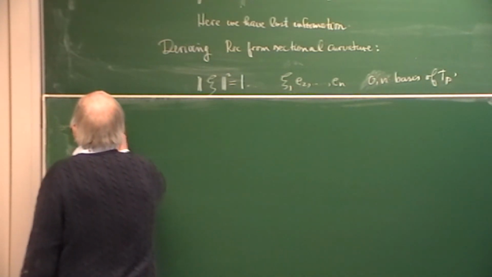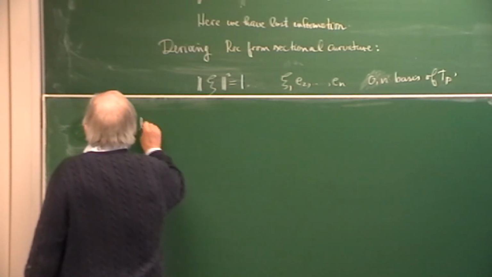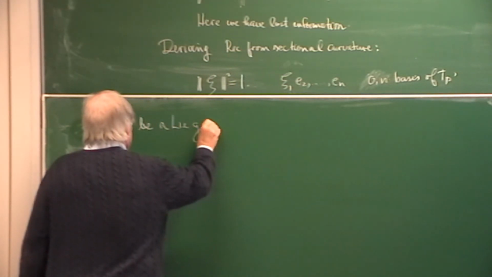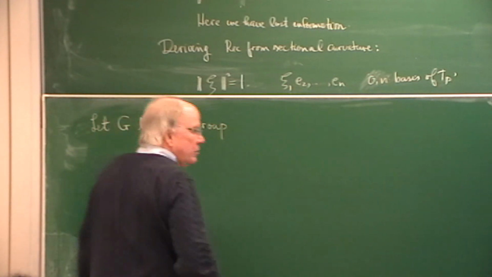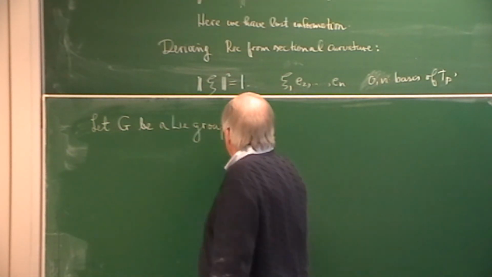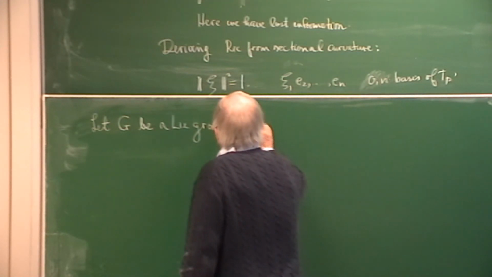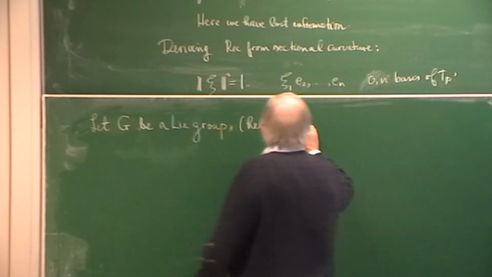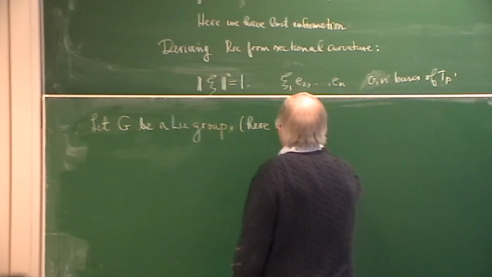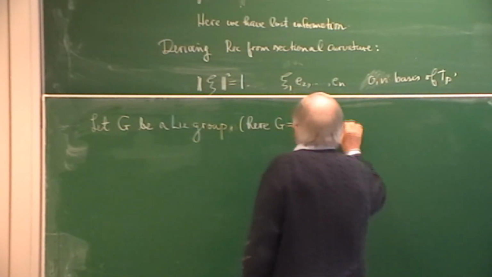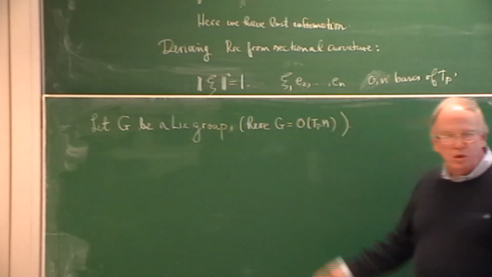So, let G be a Lie group. Here, G is going to be the orthogonal group. That's a beautiful Lie group.